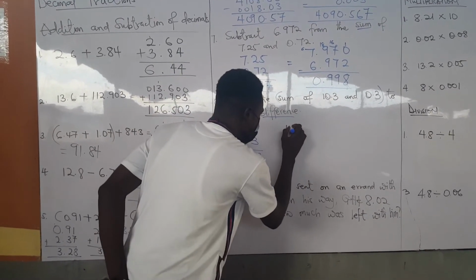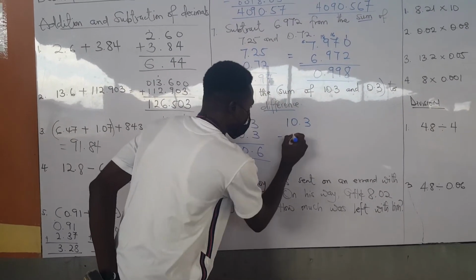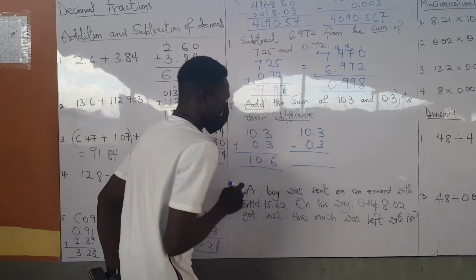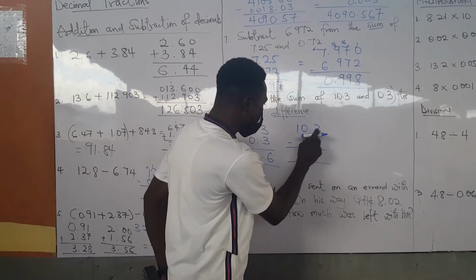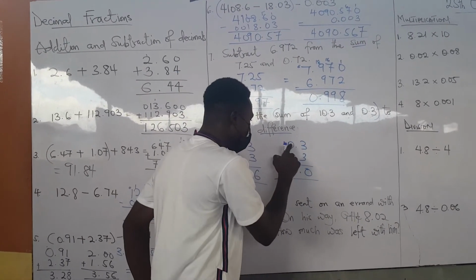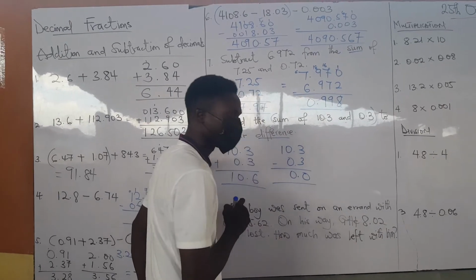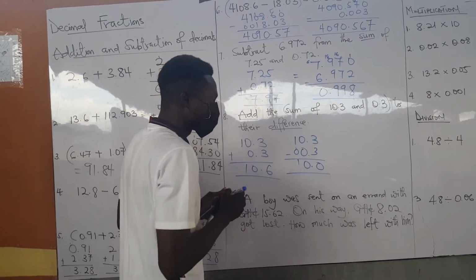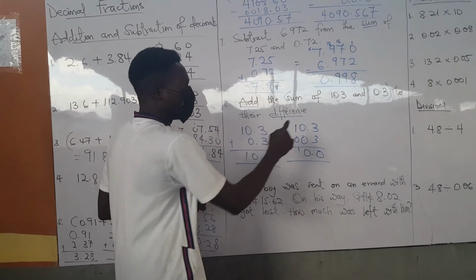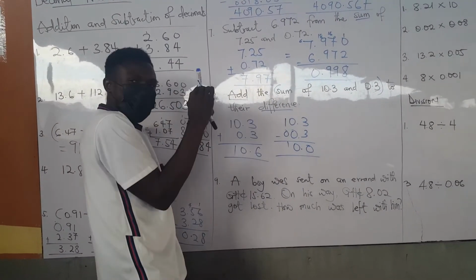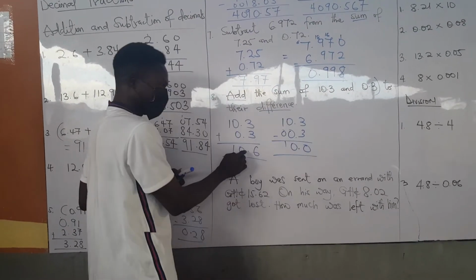And difference means what? Subtraction. So 0.3. You have to subtract. So 3 minus 3 will give me 0. 0 minus 0 will give me 0. 1 minus 0 will give me 1. So the difference of this is this. And the sum of this and this is this.